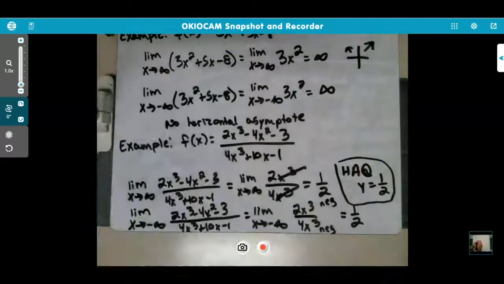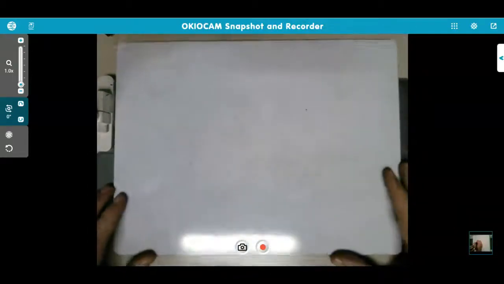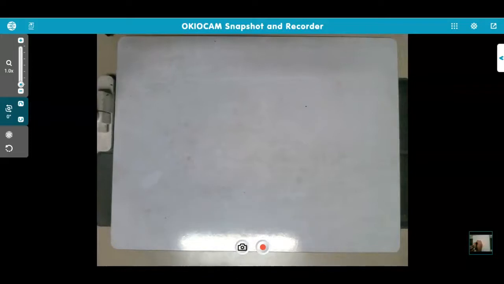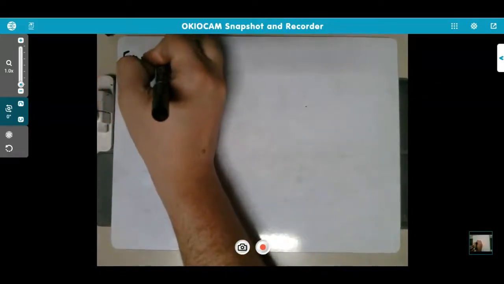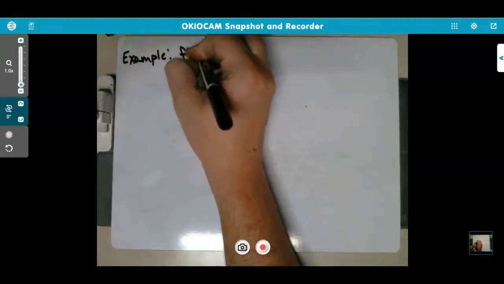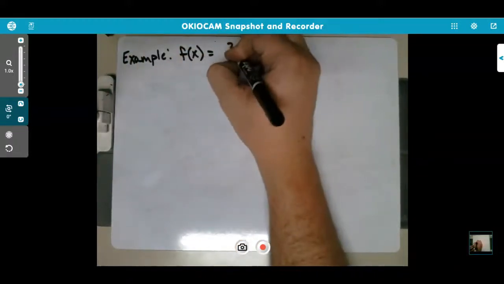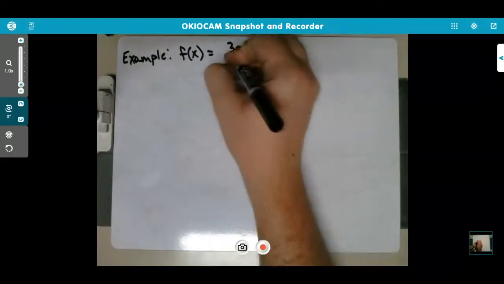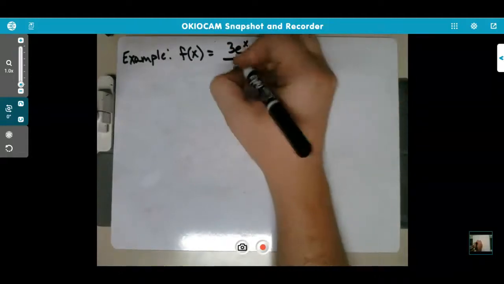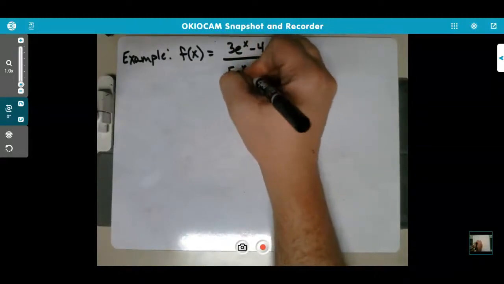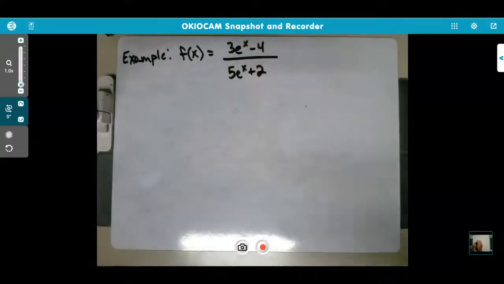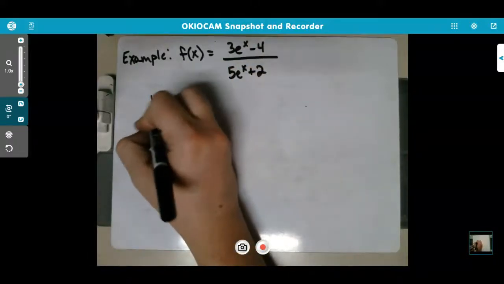I have one more example. Do the same thing. This time the function is going to be f of x equals 3e to the x minus 4 over 5e to the x plus 2. To know what happens on the right side, do the limit as x goes to infinity.